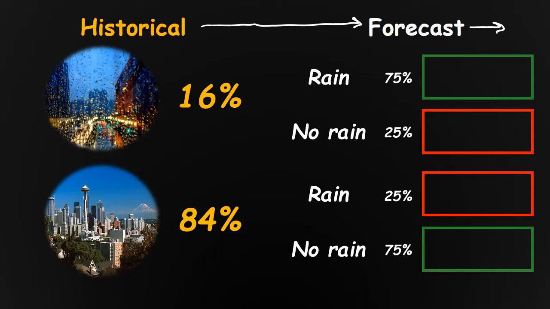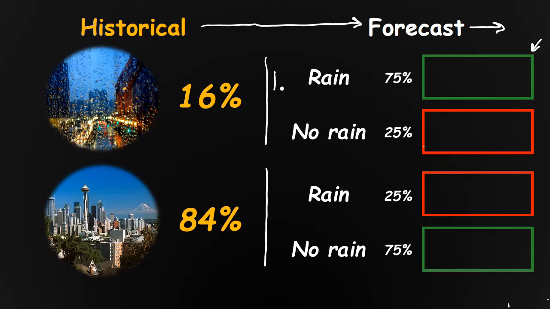There are 4 possible outcomes here. These top 2 are a situation when it actually rains, and the bottom 2 are for shine. The first outcome is that it rains on July 17th and the forecast is for rain. I've used a green box to indicate that the forecast is correct.